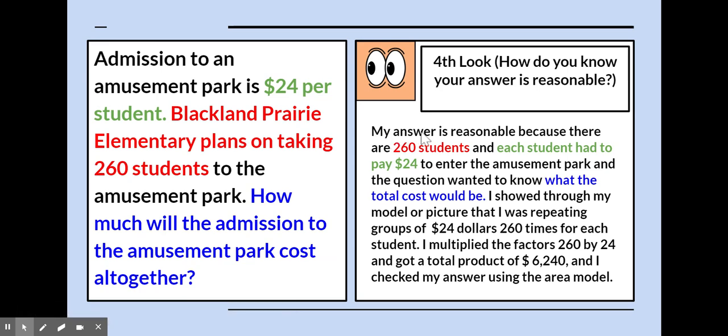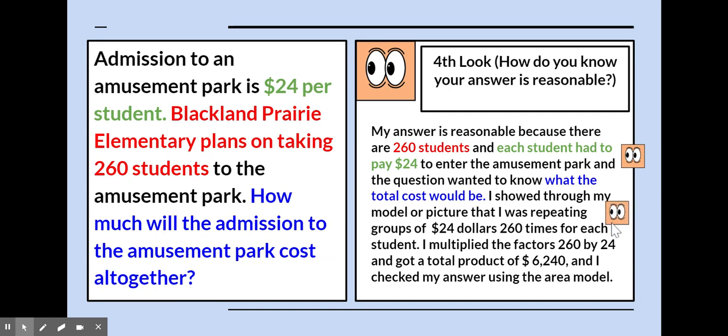My answer is reasonable because there are 260 students and each student had to pay $24 to enter the amusement park. And the question wanted to know what the total cost would be. That's your first look. I showed through my model or picture that I was repeating groups of $24 260 times for each student.